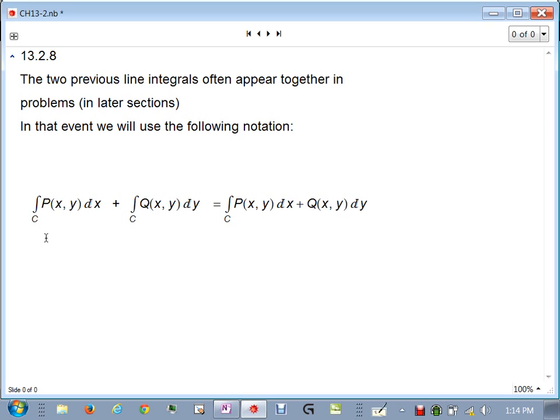So this is just notation. Notice, I guess what you need to see here is that this left side is very clean. There's two different integrals, one with respect to x, one with respect to y. If we put these together, it's implied that that line integral applies to this one also. I mean, some people would argue, well, that just means integral of that, and then plus this. But the notation means this. Understand?